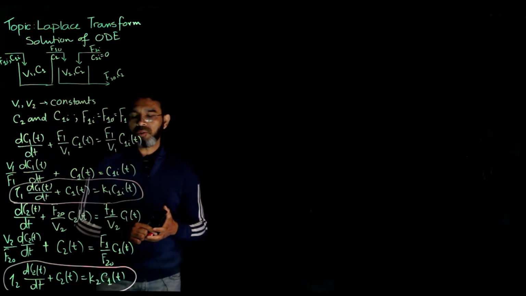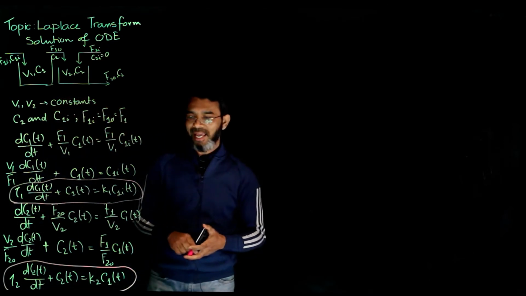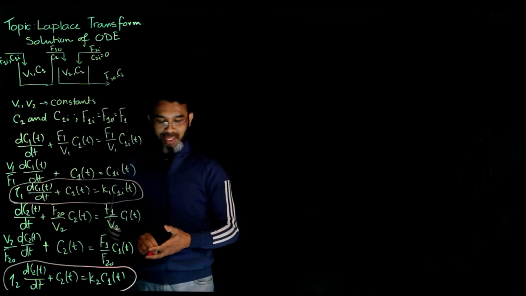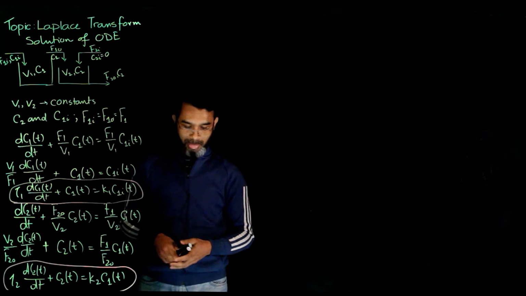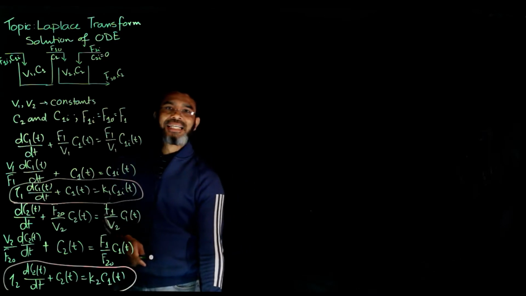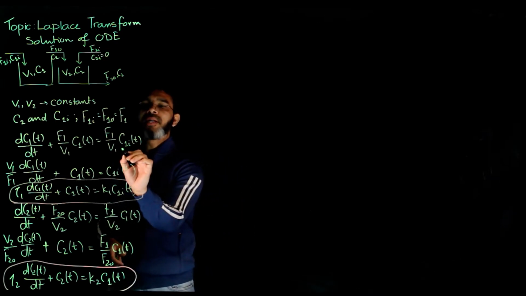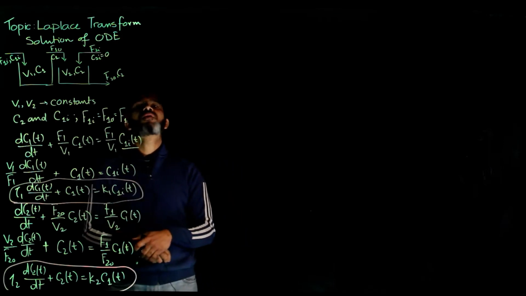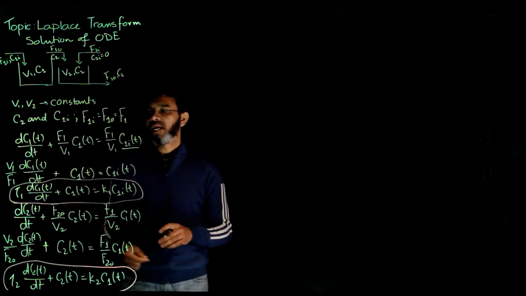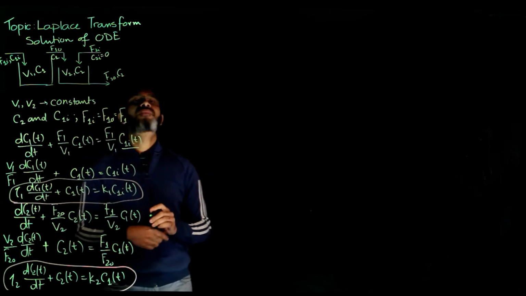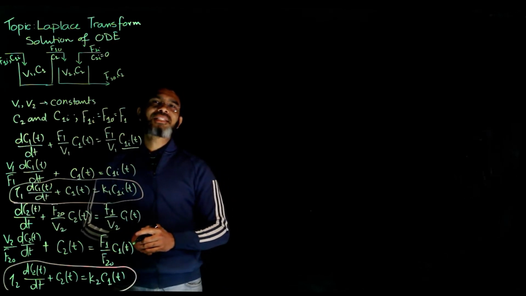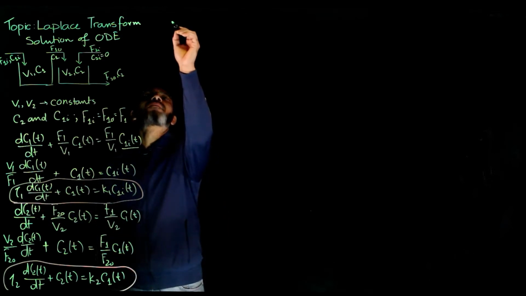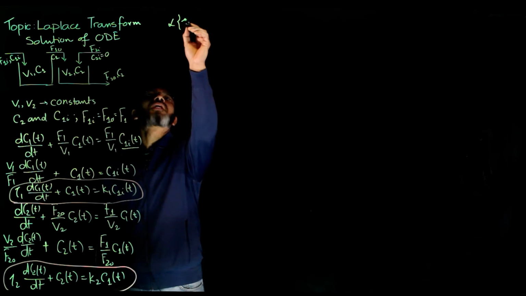Now let's see how to solve this equation to get the solution, meaning expressing C2 as a function of time, definitely for a given input C1I(t). To do this we'll again use the Laplace transformation approach. Taking the Laplace transformation of the first equation is what we defined as step 5 in the modeling exercise.